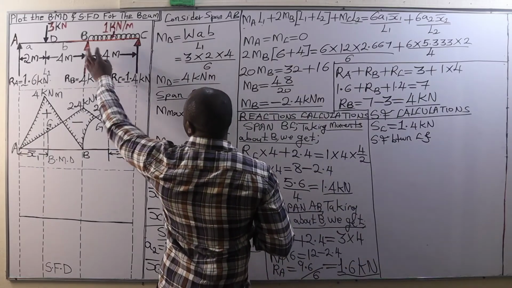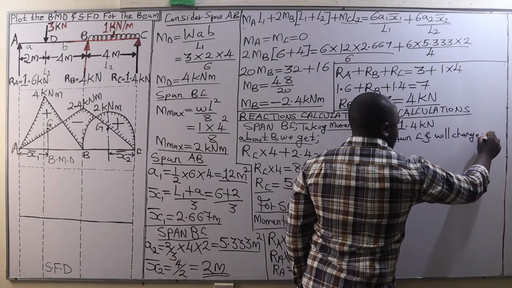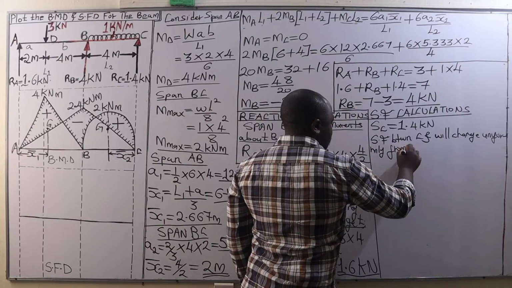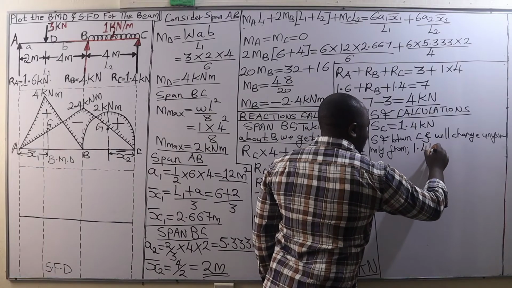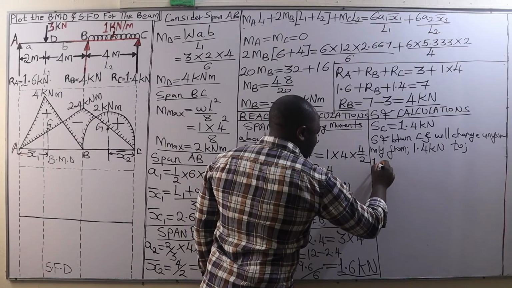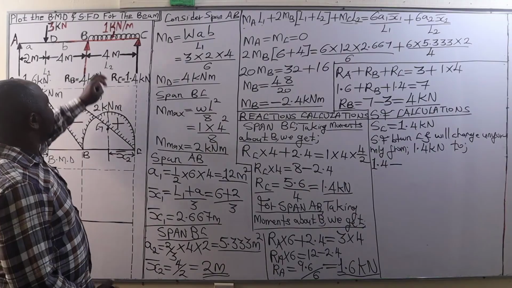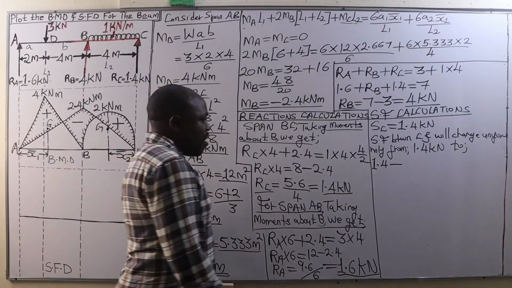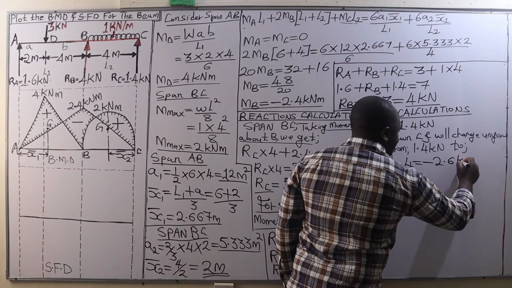Then the shear force between C and B is going to change uniformly, from this 1.4 kilonewtons, the shear force at C, and it will change to this 1.4 kilonewtons minus this UDL between C and B. When you convert it to a point load, it is going to be 1 kilonewton per meter times the span over which it is distributed, which is 4 meters, and that is going to be 1.4 minus 4, and that's going to give us negative 2.6 kilonewtons.